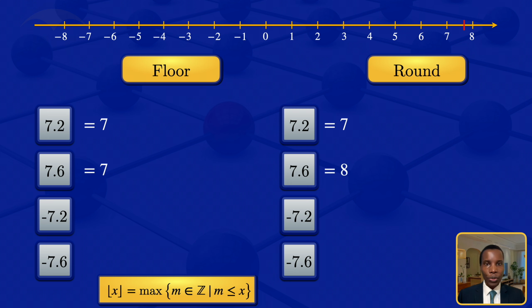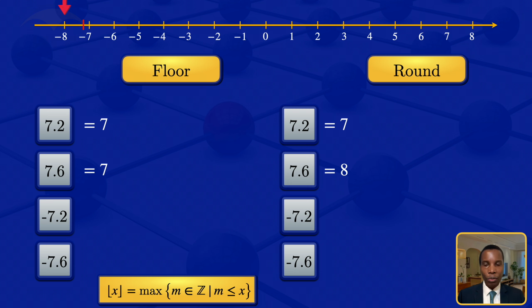And then I move on to the next one, minus 7.2. On my number line, I mark minus 7.2 with a red marker. To find the floor value, we are saying that it is the integer directly to the left of this red marker. So the integer directly to the left is minus 8.